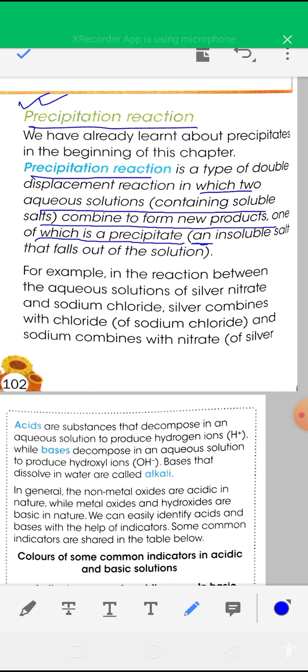That is, one product is an insoluble salt, and the salt falls out of the solution.